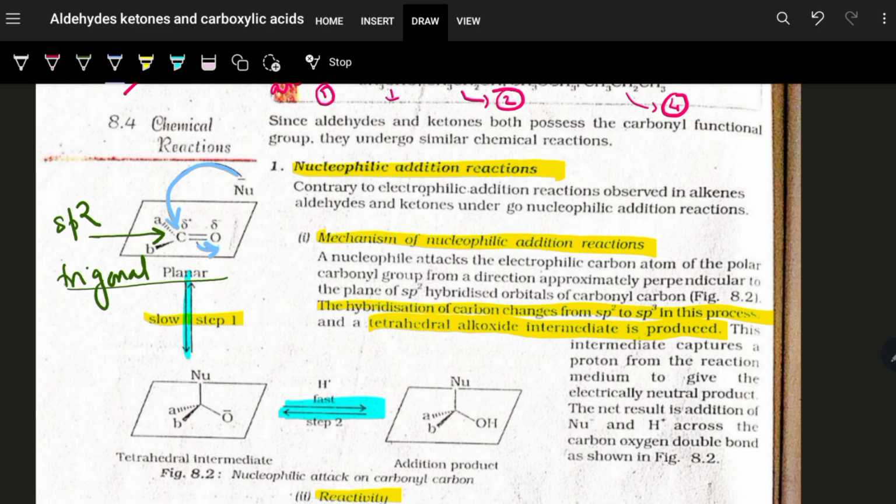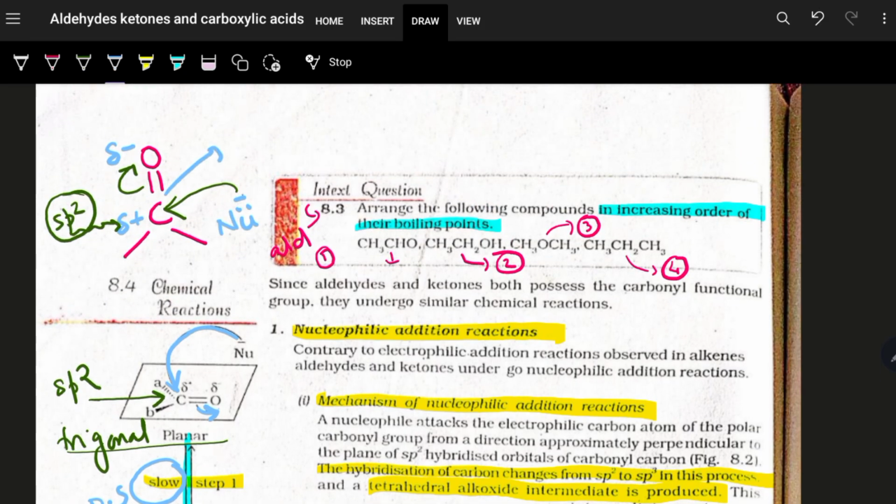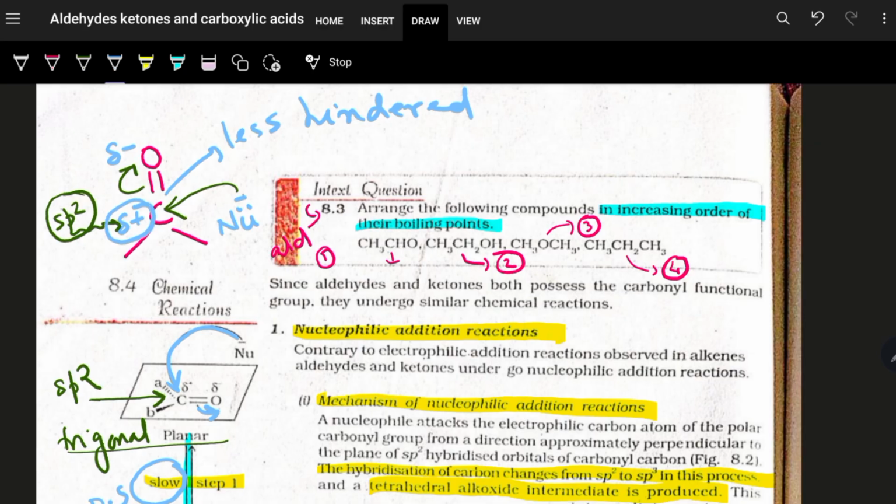This step is the slow RDS step, because that involves nucleophilic attack. Always remember that the carbonyl center should be less hindered, then only the reactivity will be more. And the electrophilicity of this carbonyl carbon, the delta positive character, should be more.